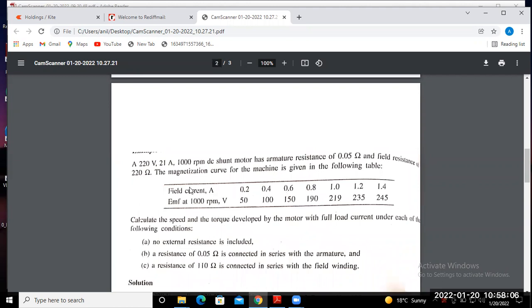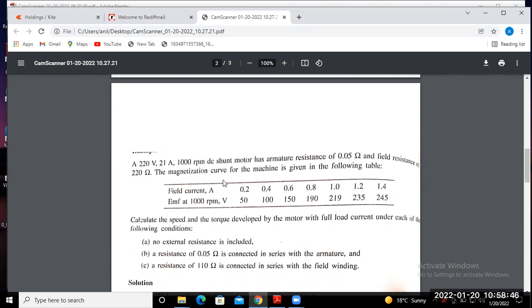A 220 volt, 21 ampere, 1000 rpm DC shunt motor has armature resistance of 0.05 ohm and field resistance of 220 ohm, and the field current at various EMF induced values is given. You may know that the EMF induced is directly proportional to the flux, that means the field current.